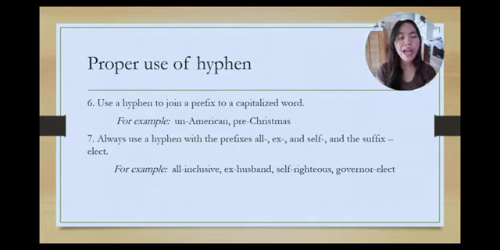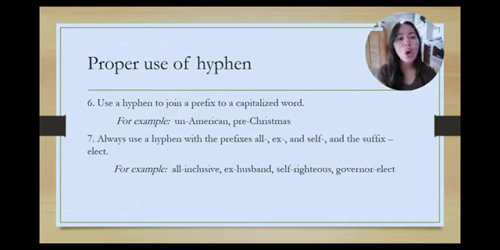And the next, use a hyphen to join a prefix to a capitalized word. For example, anti-American, pre-Christmas. So you will use hyphen after the prefix and next to the capitalized word or letter, just like the example shows.